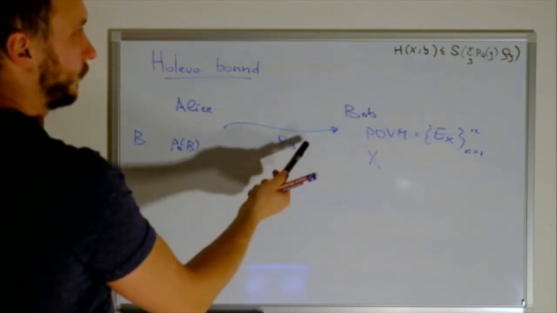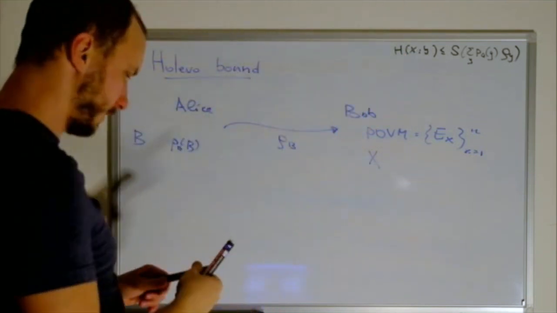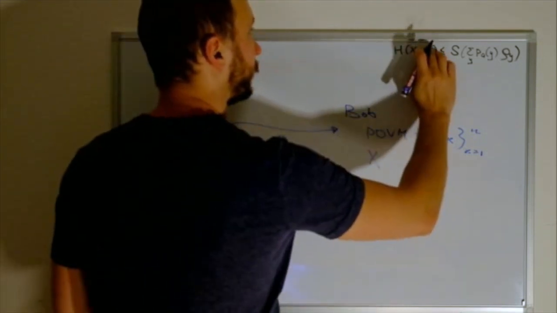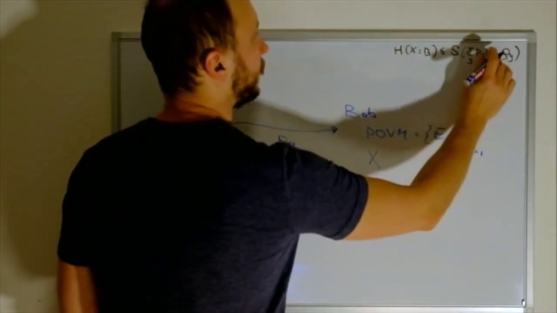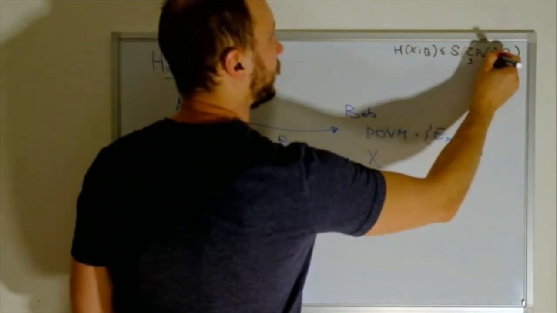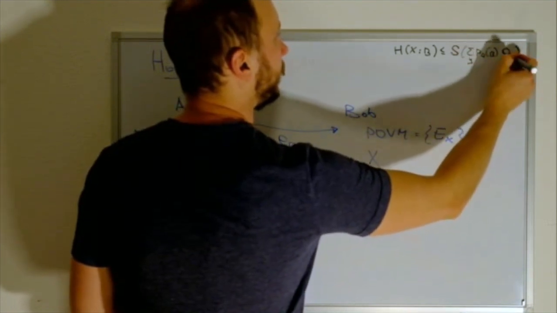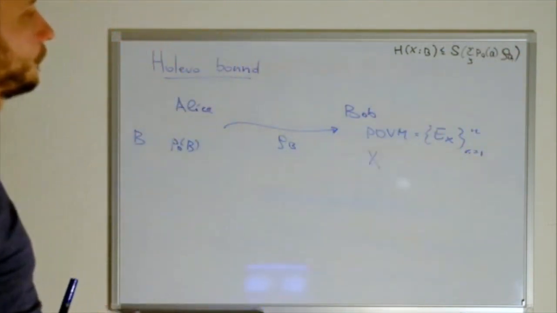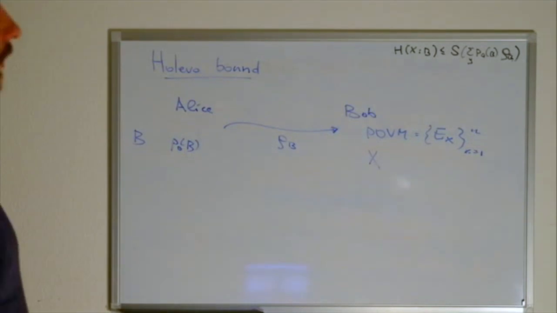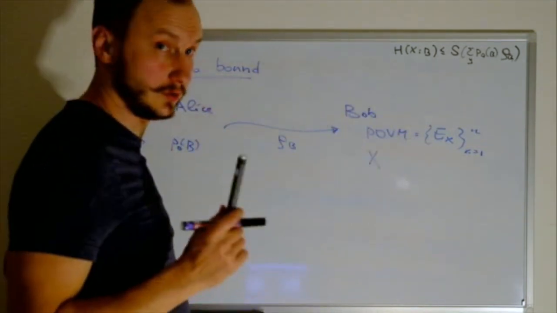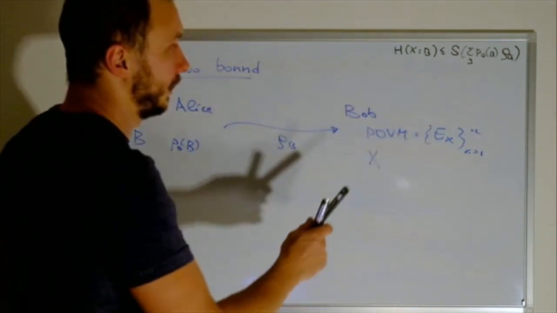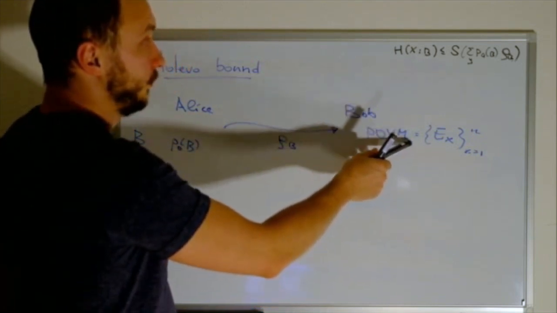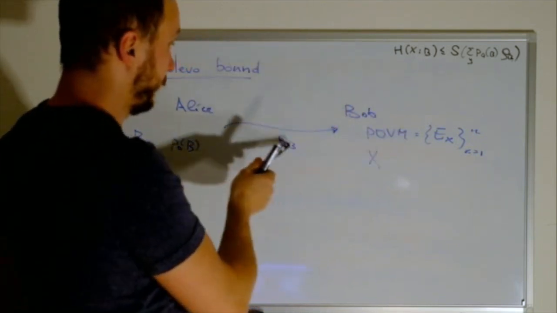So this mutual information of x on b, I'll just change it here, measures in terms of information, also in terms of entropy decrease, how much Bob, after his measurement, learned about the value of the field.